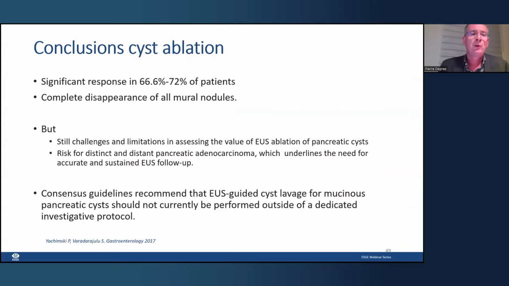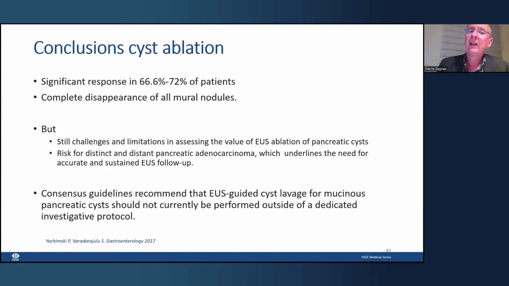So to conclude this chapter of this lecture, significant response is seen in about 60 to 70% of patients, with complete disappearance of the mural nodules, but there are still challenges and limitations in assessing the value of EUS ablation in these cysts. Also, don't forget that there's always a risk of distant pancreatic adenocarcinoma, and of course you have to follow those patients.